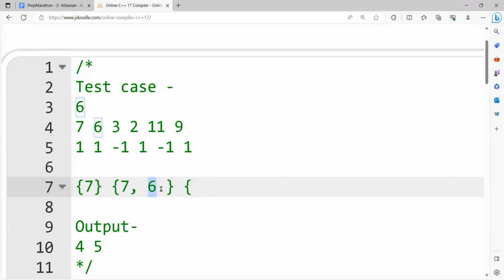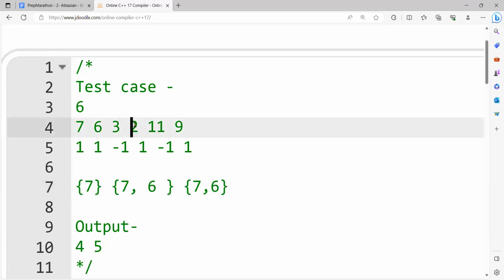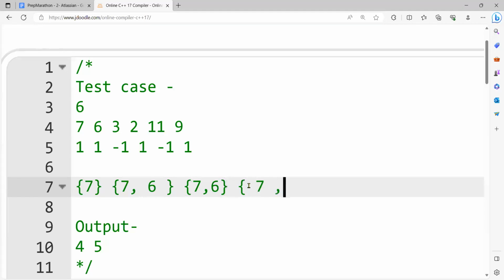Since the top ball has more power, more strength, it will destroy this ball. So I will have no change in my stack. These two balls will keep on moving in the right direction. What is the next thing? I got a new ball, which is ball number two, so I'll add that to my stack.